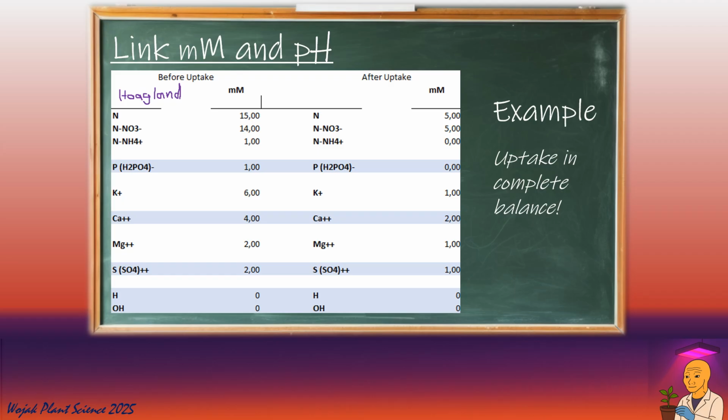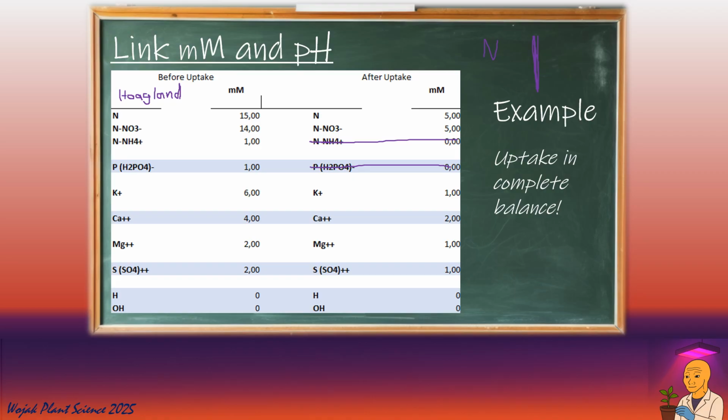For example, you see here we have ammonium and phosphate, and you see we have 0, 0. So let's just cross that out, because just imagine both were taken up. First, for this you go over your membrane, so I draw a membrane here.